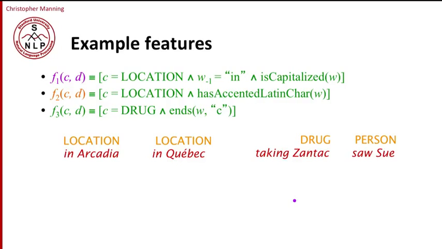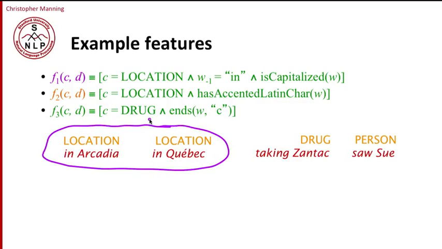So the feature picks out examples where the class is location, so that's the two pieces of data on the left, and the previous word is "in", and the word is capitalized. So all three of those criteria are true of these two pieces of data, but aren't true of the two pieces of data on the right, really for multiple reasons, both because the class is wrong and the preceding word is also wrong.